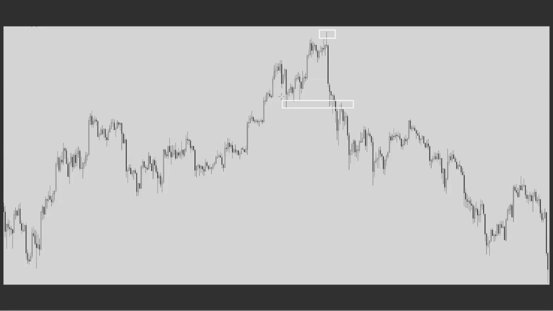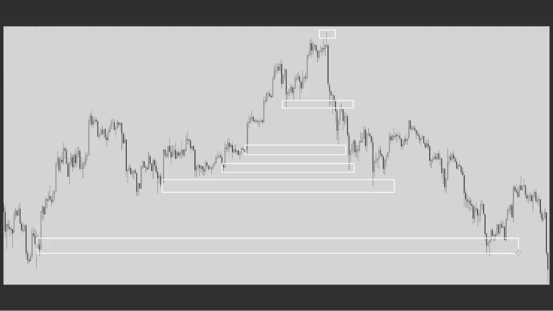So the point is that even though price is going to react at levels like this, okay, fresh or untested liquidity there, maybe some down in here, even though price will likely react at those levels, you will get a response.